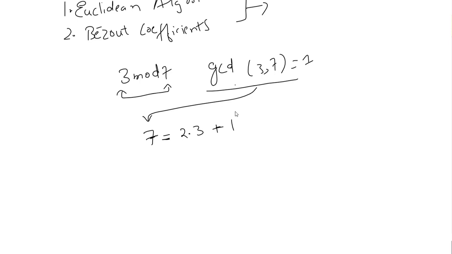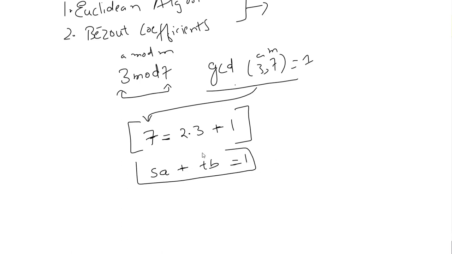So this is what we obtain from the Euclidean algorithm, but at the same time we know that Bézout's theorem wants us to have the representation of the form S times A plus T times M, where in this case this is A and this is M, is equal to 1.